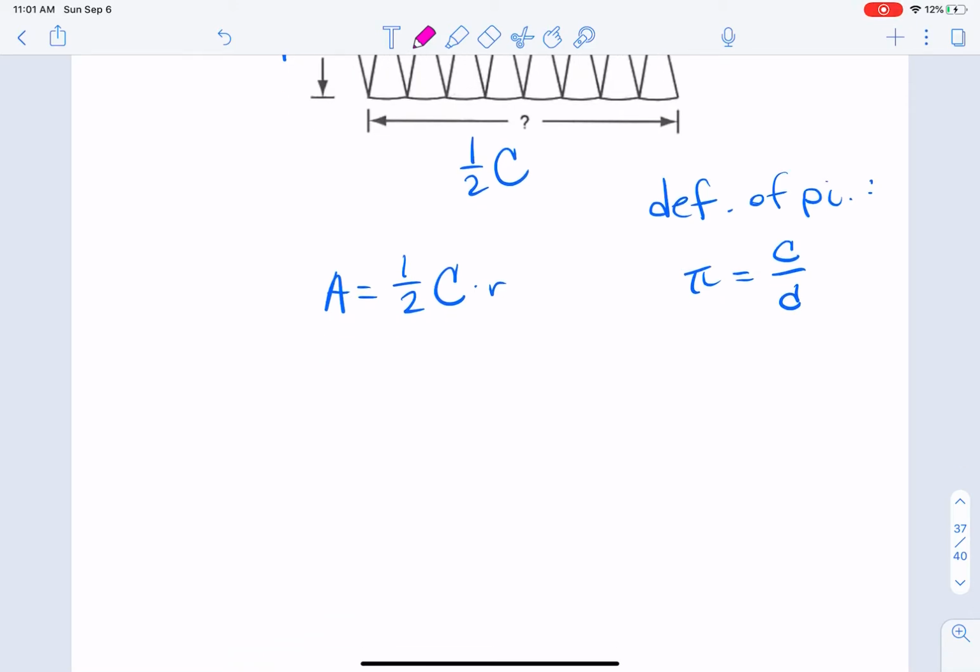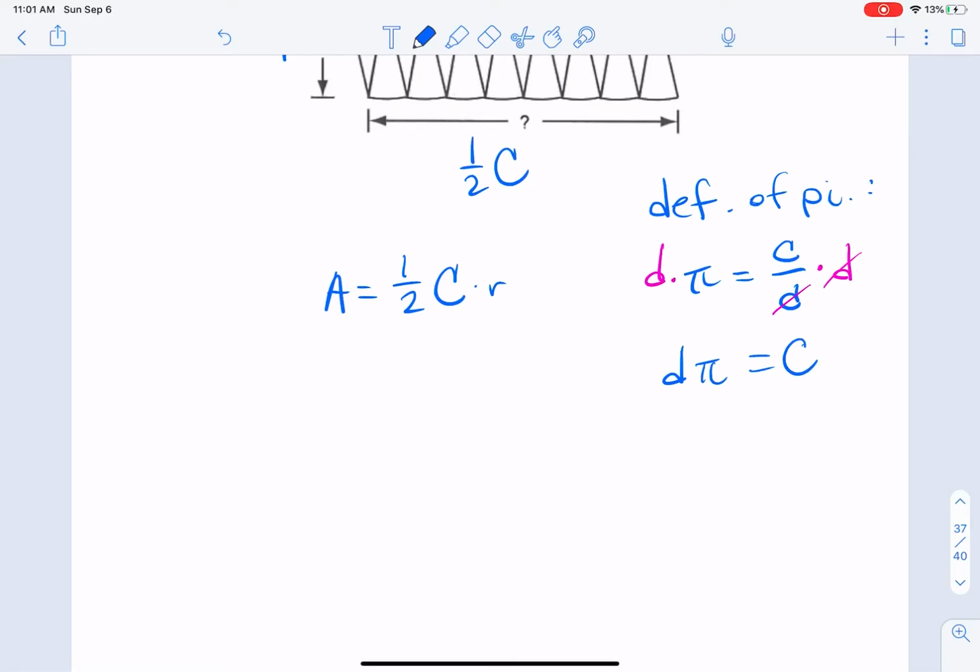I need to solve this for c, so I can substitute that c inside there. That will cancel out the d's on the left-hand side, and I'm left with d times pi is equal to c. That was one of the circumference formulas that we talked about.